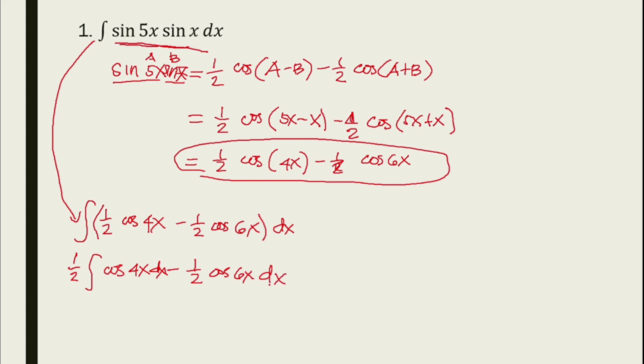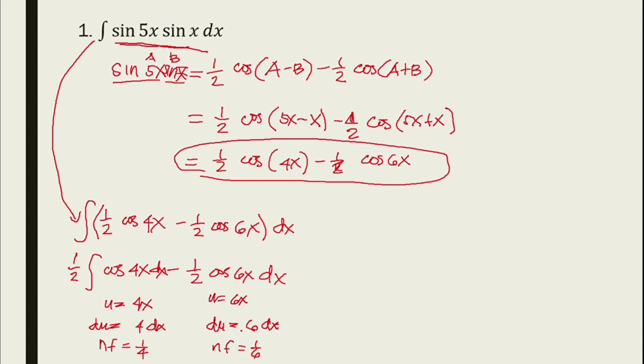Our u here is 4x, our du is equal to 4 dx, so therefore dx is 1/4 du. For the second term, our u is 6x and our du is equal to 6 dx, so dx is 1/6 du.